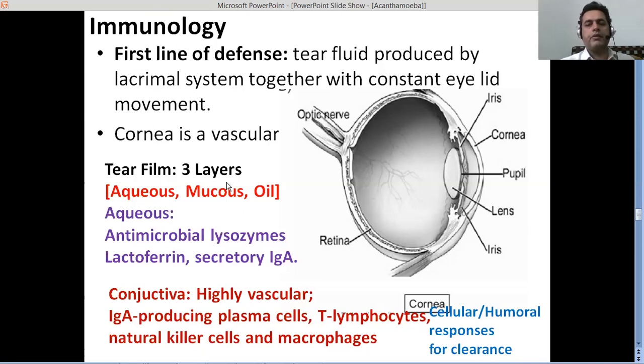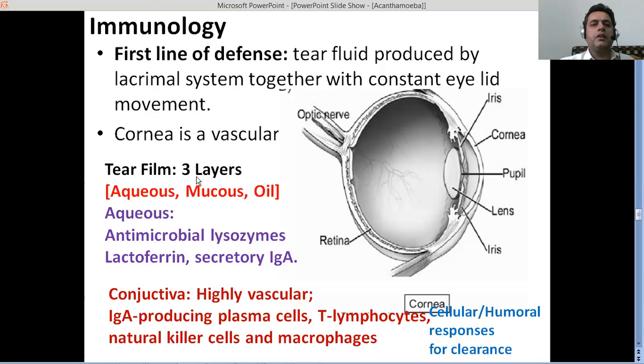Vascularization is needed for good protection, because a structure which is vascularized will get blood, and the blood contains different types of cells and antibodies and different substances which can deal with different types of pathogens effectively. But if a structure is not vascularized, it means that its protection is compromised.